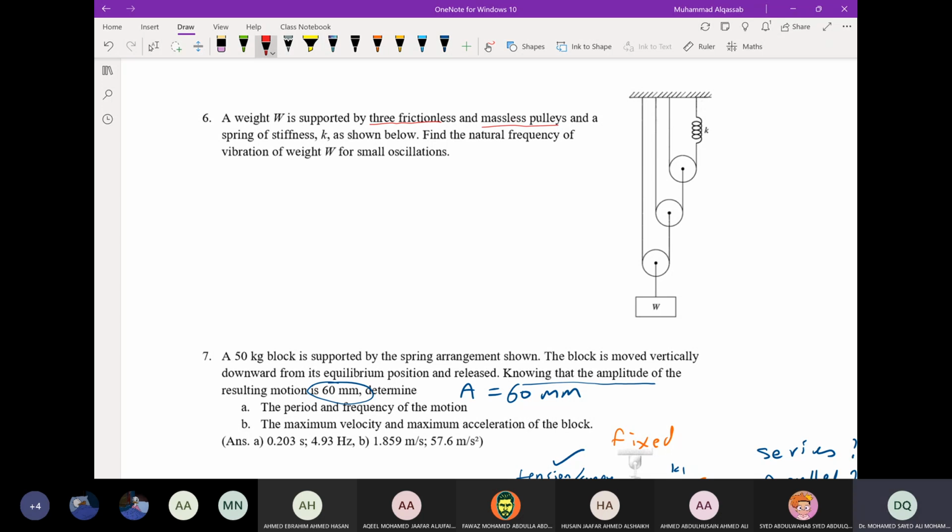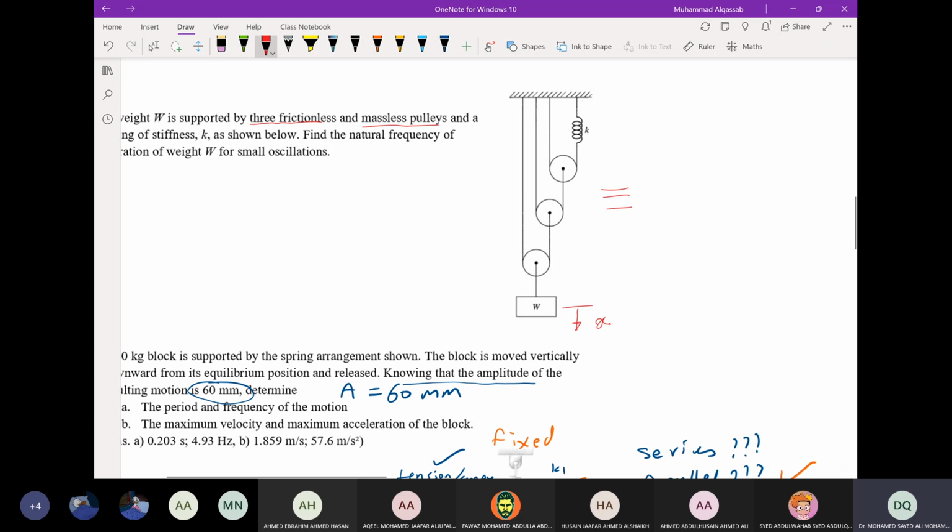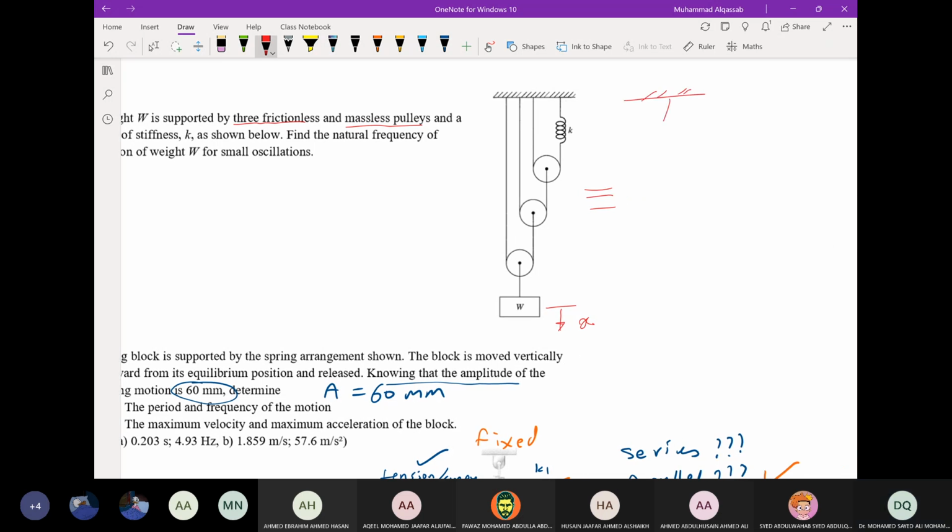So there is only one mass, which is the weight, moving with X. What you need is to get the equivalent system of spring, K equivalent, and mass M, the weight as given, moving with X.